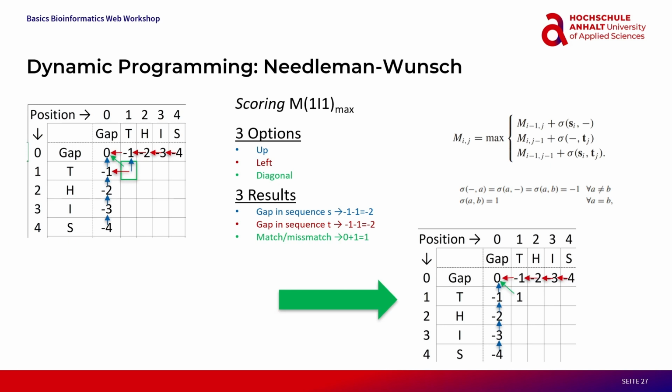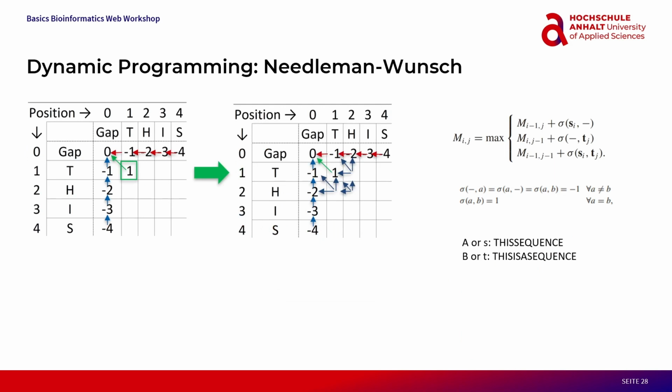Using this method, we can now calculate the scores for all surrounding positions. In order to calculate the maximum score for M22, we must first calculate the scores M12 and M21. M21 is the position to the right of the previously calculated value of M11. A vertical movement with a further gap would result in the value of -3.